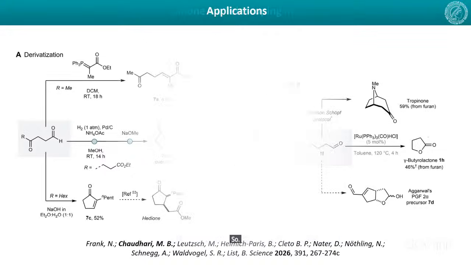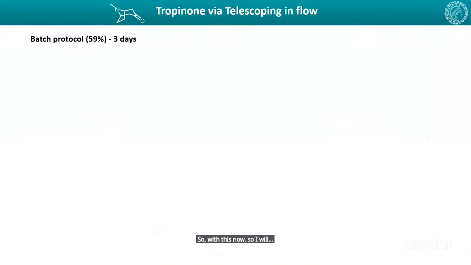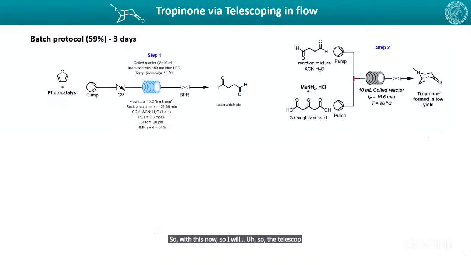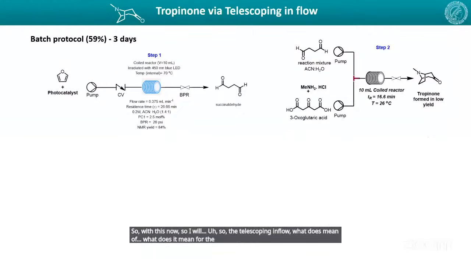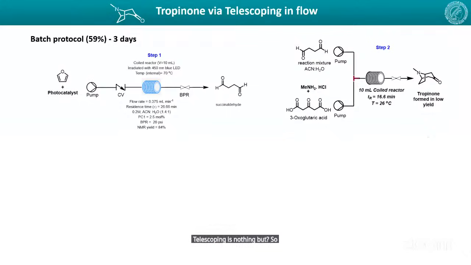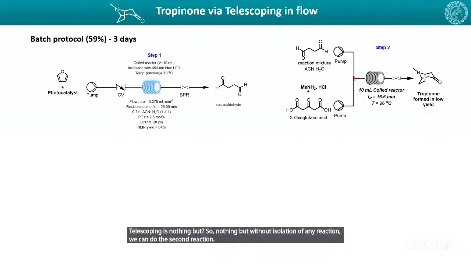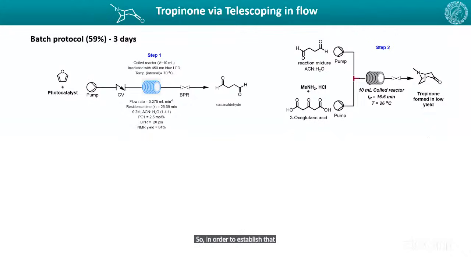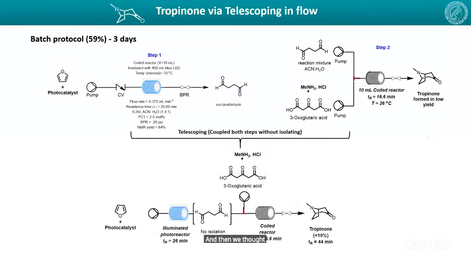So with this, I will now show the telescoping in flow. What does telescoping mean? Telescoping is nothing but, without isolation of any intermediate, we can do the second reaction. So in order to establish that, we optimized two steps separately, and then we thought to combine them in one single step.